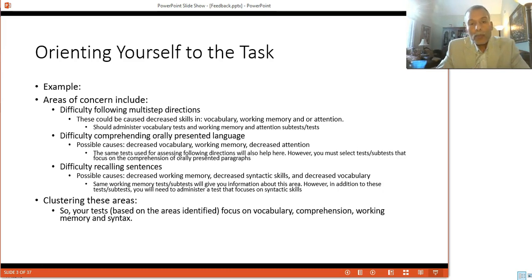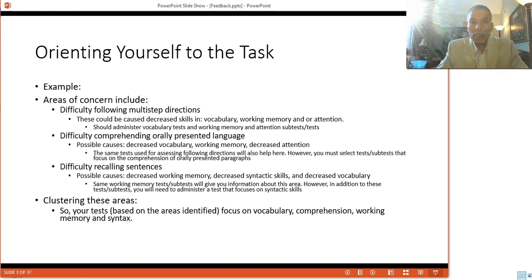So now, when someone does well recalling words and recalling sentences, how do they do in recalling paragraphs? If they have attention problems, their performance will decrease as the length and complexity of the information increases.